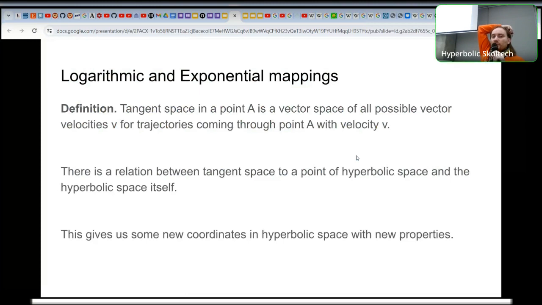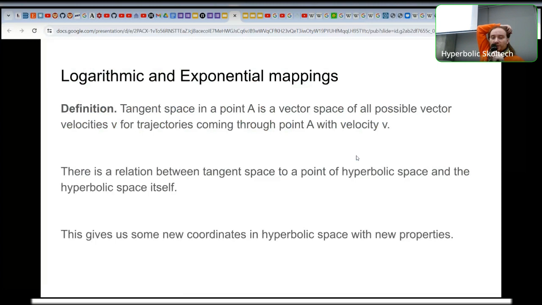So, what are logarithmic and exponential mappings? The tangent space at a point A, let me remind you of the definition, is a vector space of all possible velocity vectors for trajectories coming through this point.